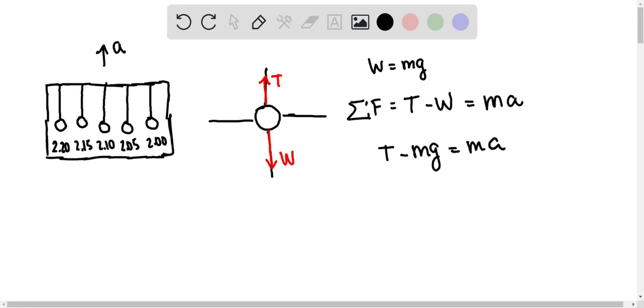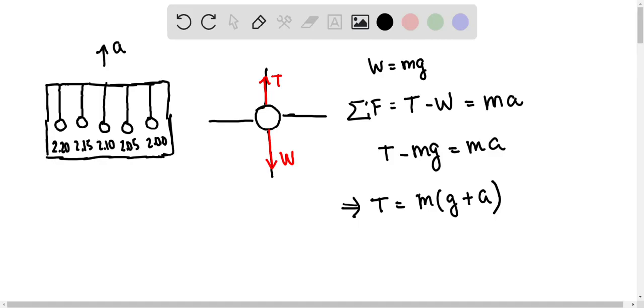And then solving for the tension, we find that this is the expression for the tension in any of these masses.